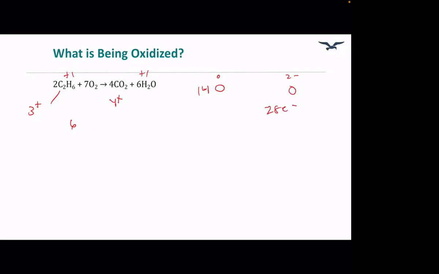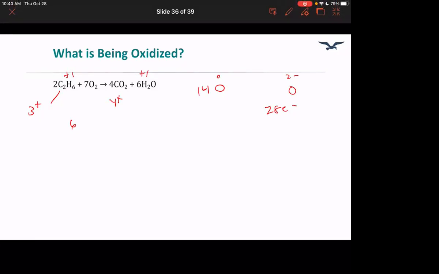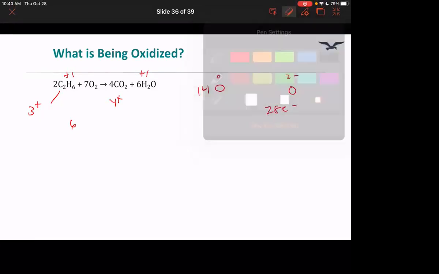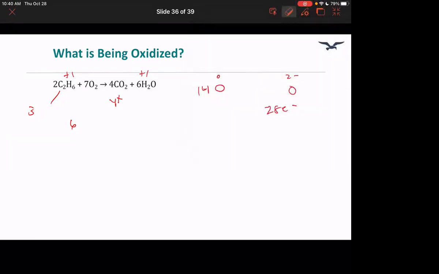Something's wrong. Wait, is it carbon 3-? Oh, I'm sorry. Yes, thank you. 3-, not 3+. That's the mistake. So now I'm just double checking that our electrons balance. We've got 28 electrons.